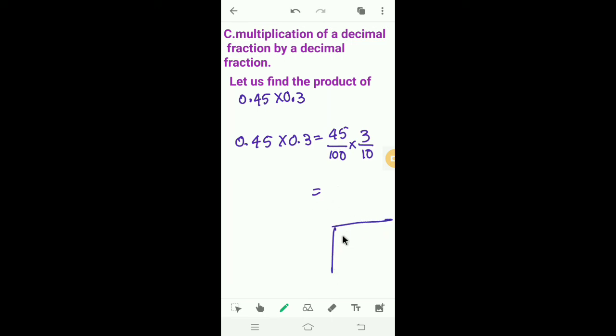Here I will do the rough work. 45 into 3. 3 5s are 15. 3 4s are 12. 12 plus 1 is 13.